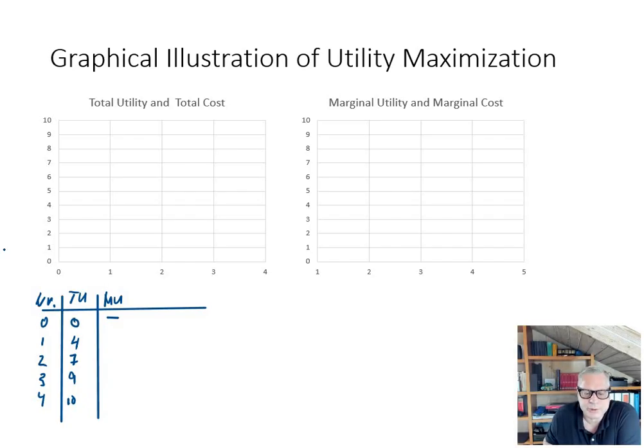So then the marginal utility of the first cookie, that was 4, then it was 3, 2, 1.